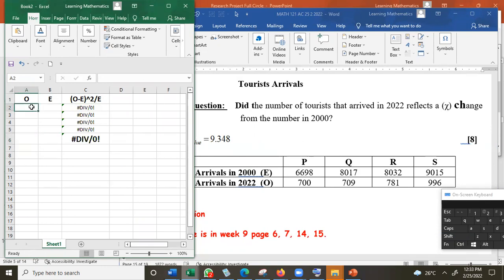So therefore now, the observed will be 700. So in cruise ship P, you observed 700, but you expected 6698 because that's what happened in the year 2000. In cruise ship Q, you observed 709, but you expected 8017 because that's what happened in the year 2000.